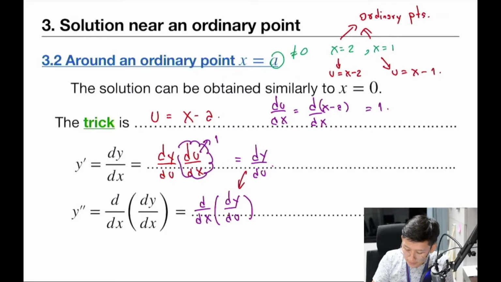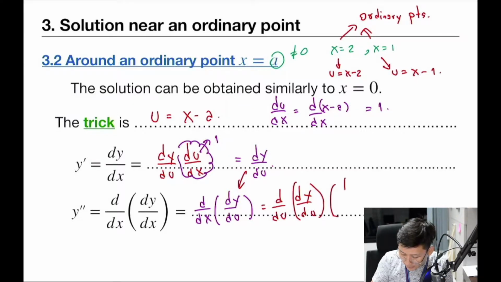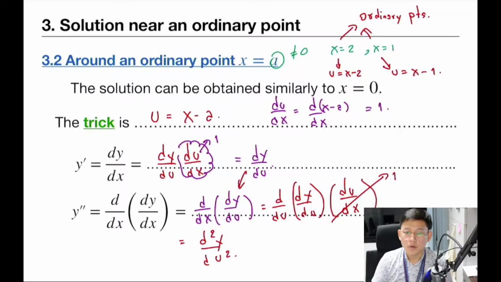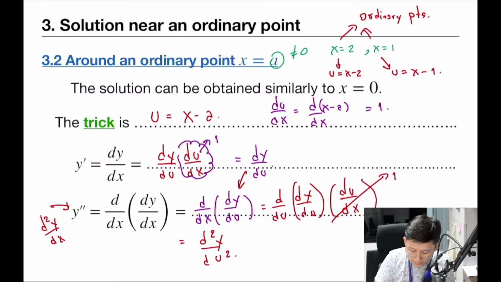Then by the chain rule, there will be d by du of dy by du, times du by dx. But again, du by dx is 1, so there will be d squared y by du squared.